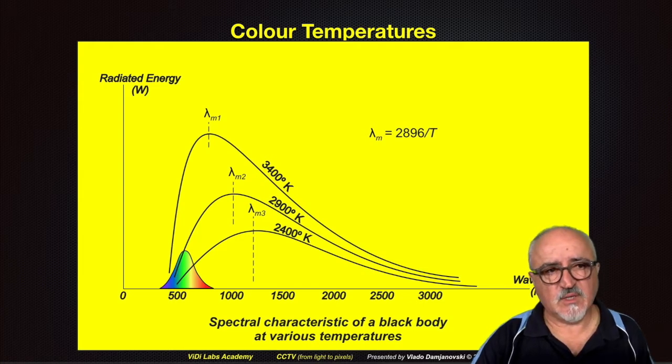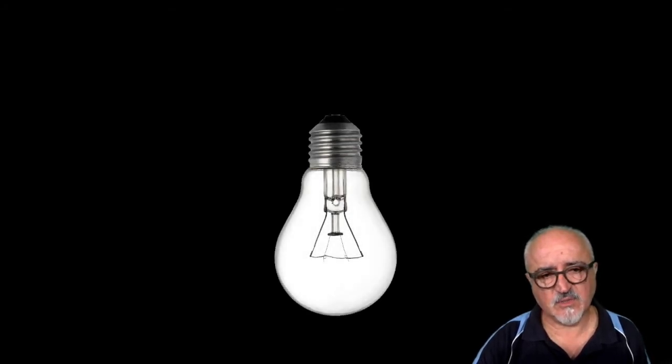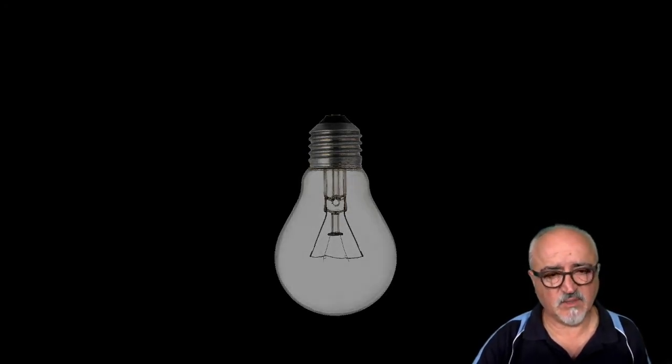Heat is nothing more than infrared light, as we know, and higher temperatures for tungsten lights cannot be used because the melting point of tungsten is around 3500 Kelvin degrees. So increasing the temperature to more than 2800 or 2900 will dramatically shorten the lifetime of the tungsten light. So in today's globes, the air is extracted from the inside of the bulb in order to minimize the burning of the filament.